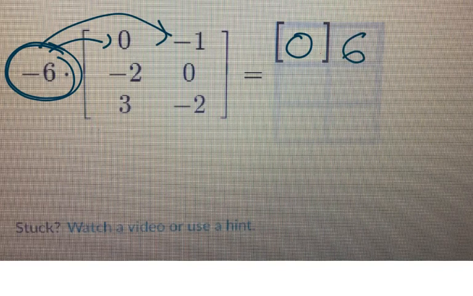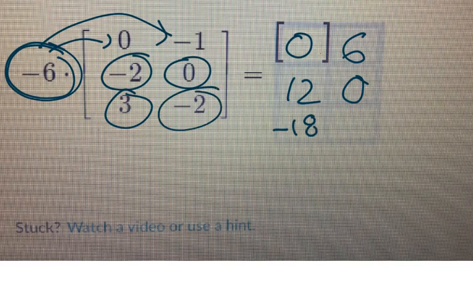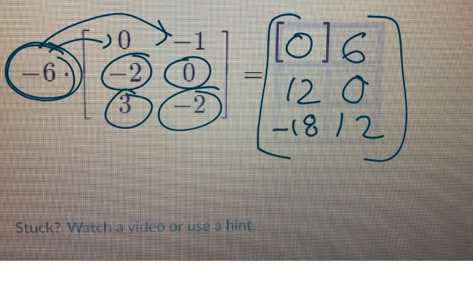Put a +6 there. -6 times a -2 is +12. -6 times 0 again is 0. -6 times 3 is -18. And finally, -6 times -2, +12 again. And that right there, guys, would be the resulting matrix. Okay? And you'll have to do one or two more on your own.